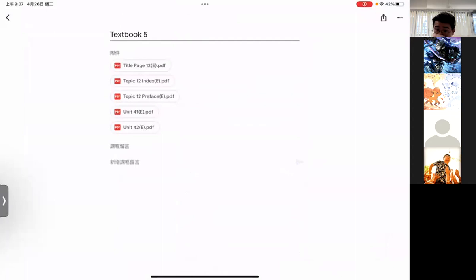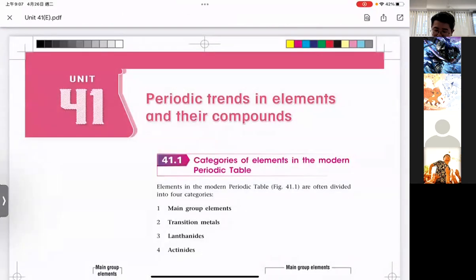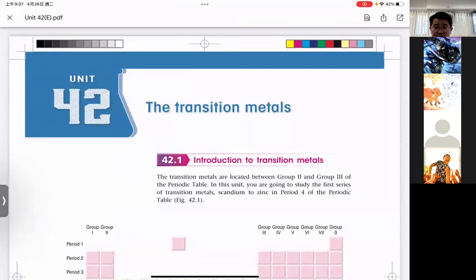So this is the one. Have you all got that? Textbook 5. So today we have got two chapters. But today we just have a start of unit 41, periodic trends in elements and compounds. Can you see that? While the very last chapter is the transition metals. Can you see that?